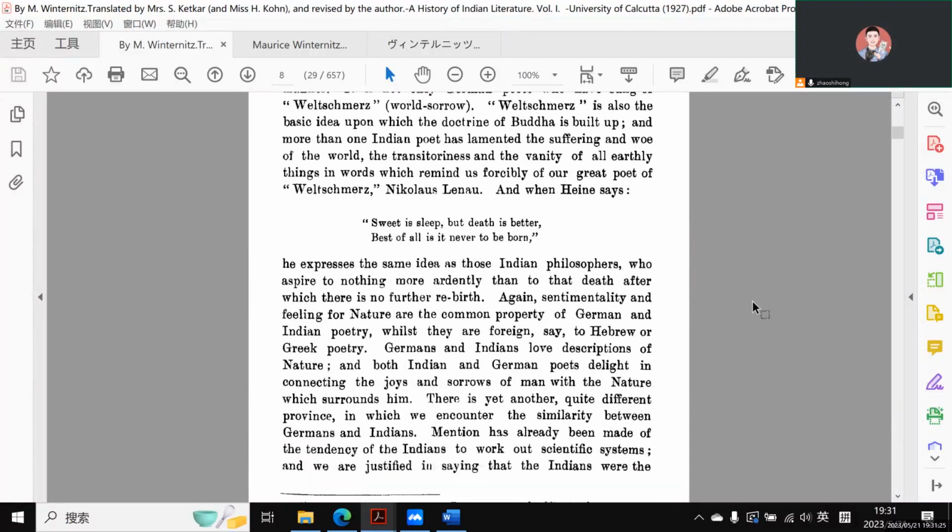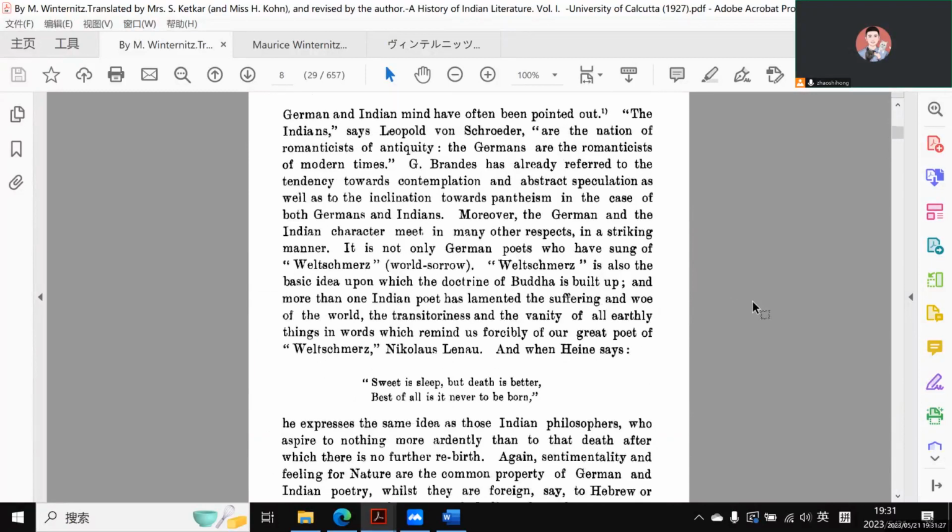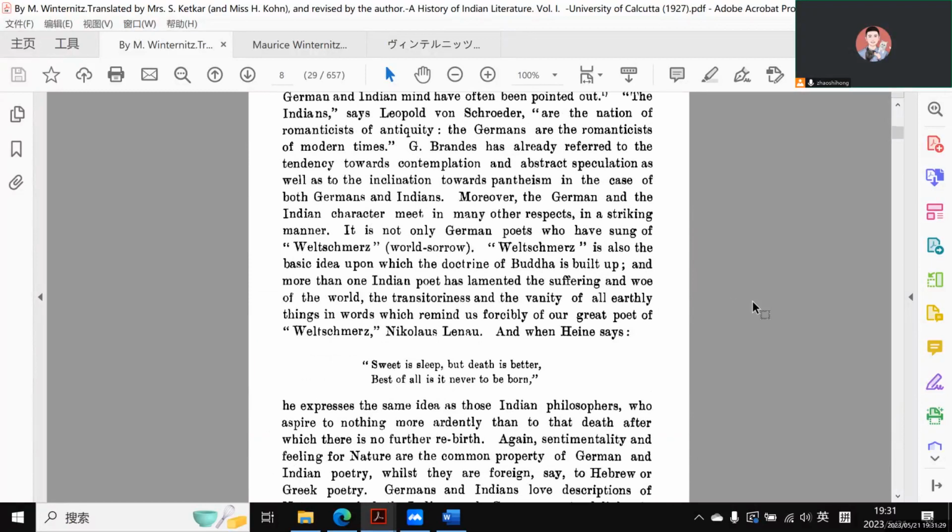Then we'll have to look at some discussions given by the Germans. We know that Germany, in the last centuries, is the holy, sacred place for Indology studies and Buddhist studies.